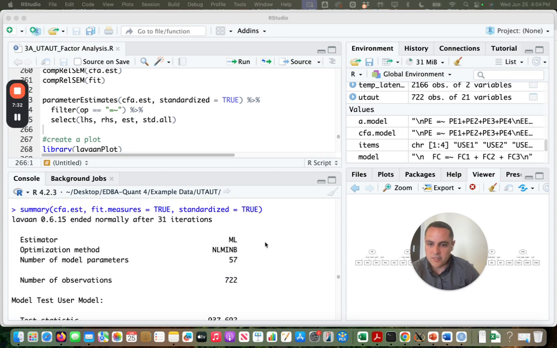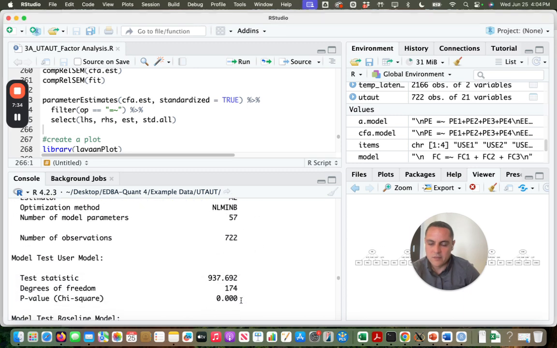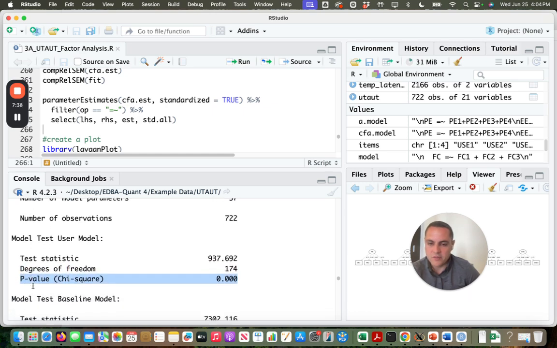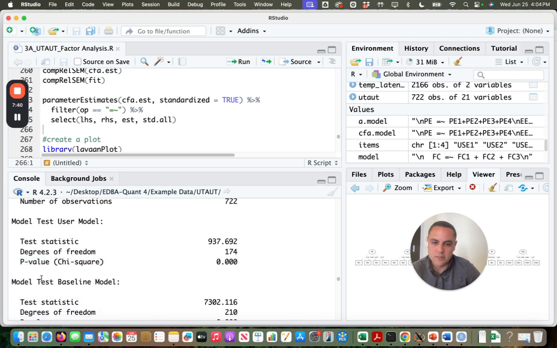That is actually significant, which we don't want, right? We actually want to not reject the null. In this case, we are rejecting that null hypothesis. But that's actually expected with large samples, right? So this would suggest to us that we don't have a good model fit.